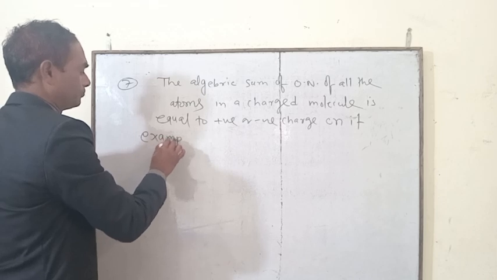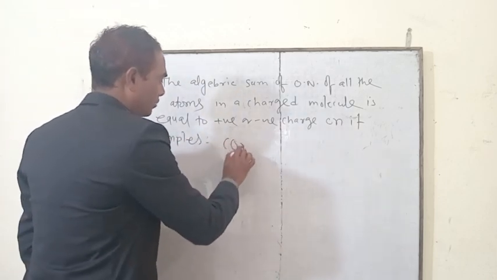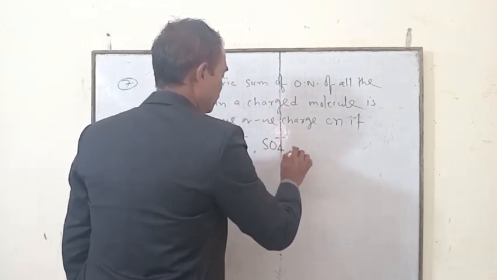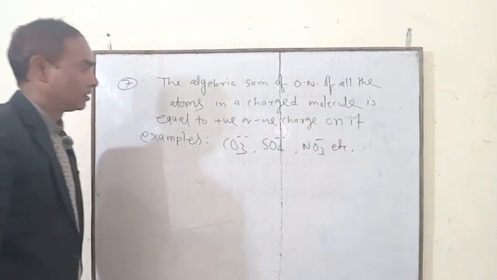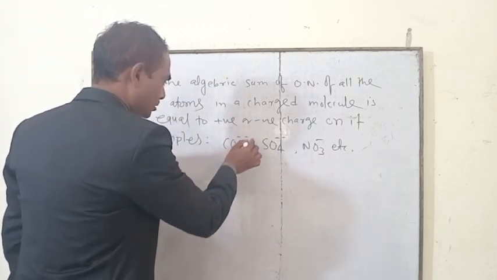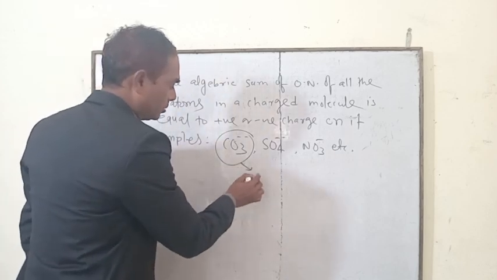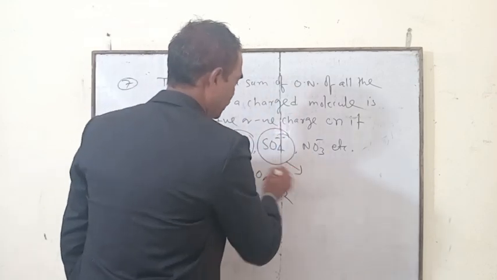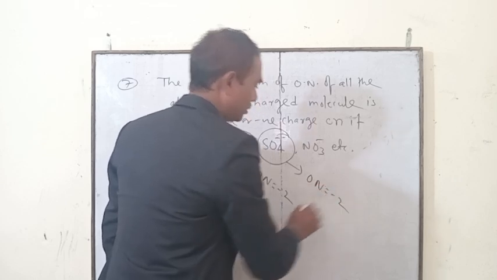Examples like carbonate ion, sulfate ion, nitrate ion, etc. Here in these ions, in these radicals, oxidation number of carbonate is equal to -2. Here oxidation number of sulfate is equal to -2.